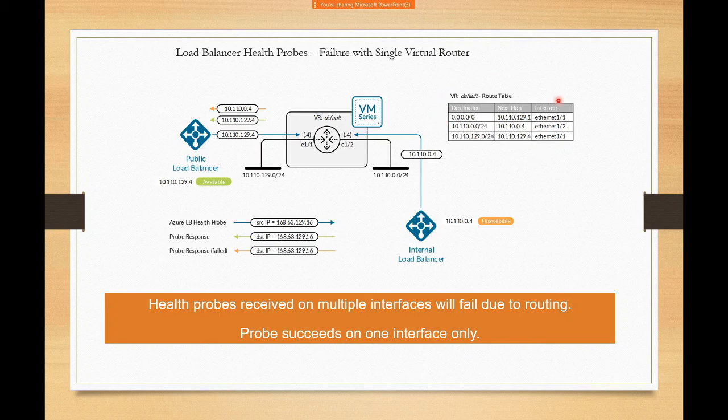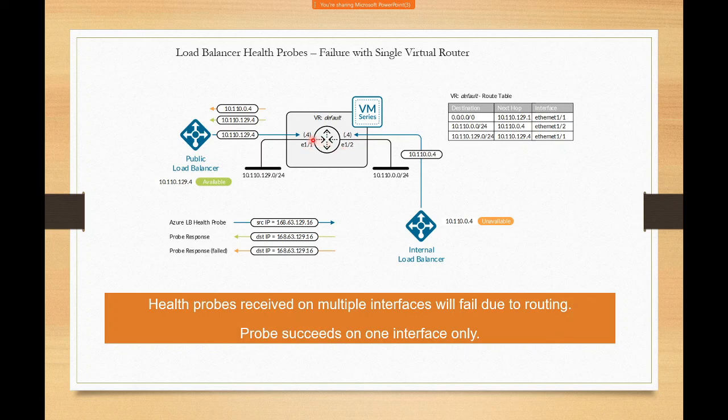Before discussing this, let me explain the diagram. This is the Palo Alto firewall, and this Palo Alto firewall has a virtual router. This virtual router is associated with Ethernet 1/1 and Ethernet 1/2, correct?